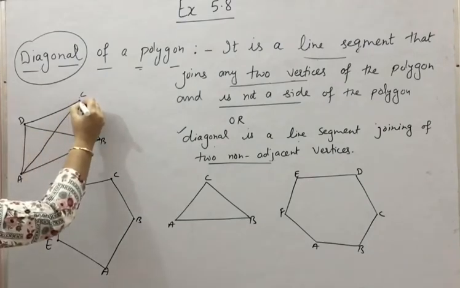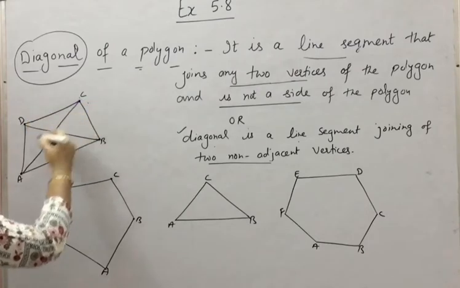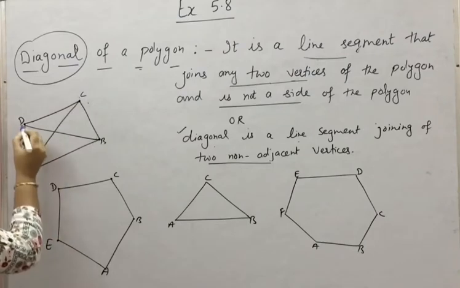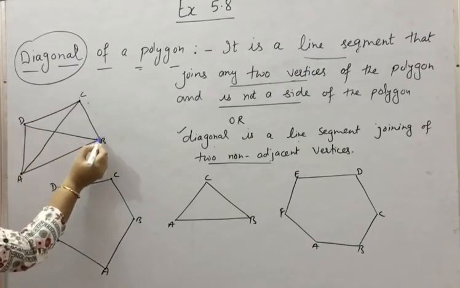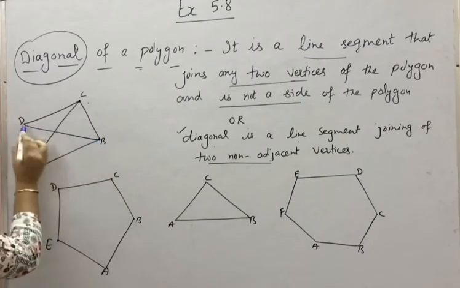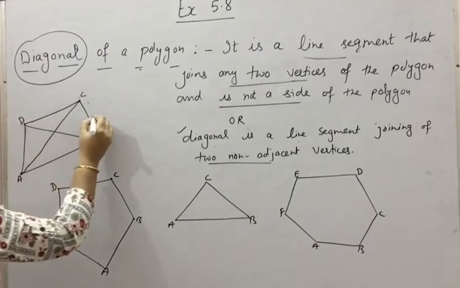On C, B and D are adjacent and A is non-adjacent, but we have already joined C to A. On D, B is the non-adjacent vertex, so D to B is a diagonal, but we will not repeat it, as it's already joined.